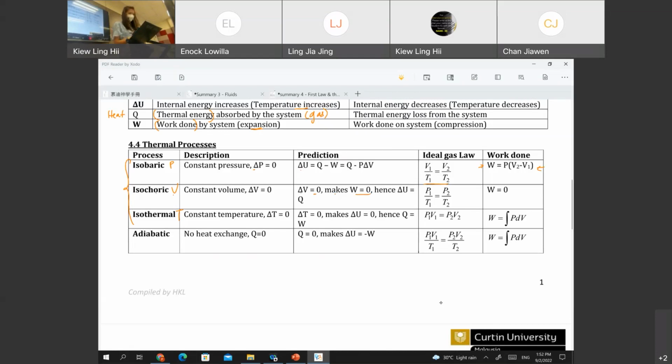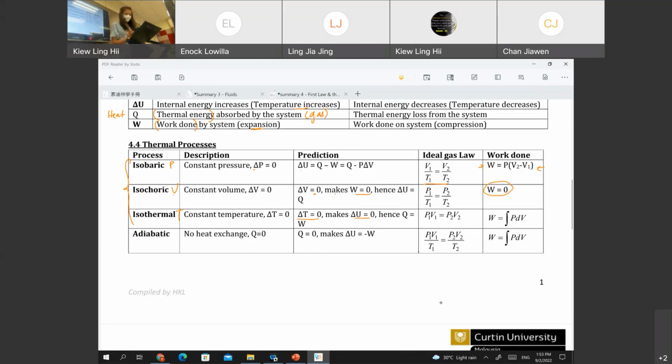So delta U only equals Q. And for isothermal, delta T equals 0, meaning there is no change in U. So that's why Q equals W.